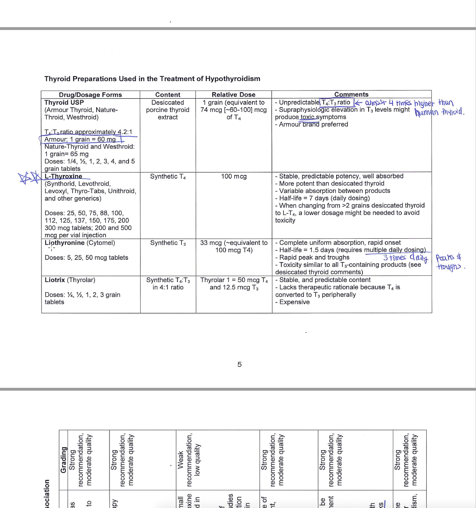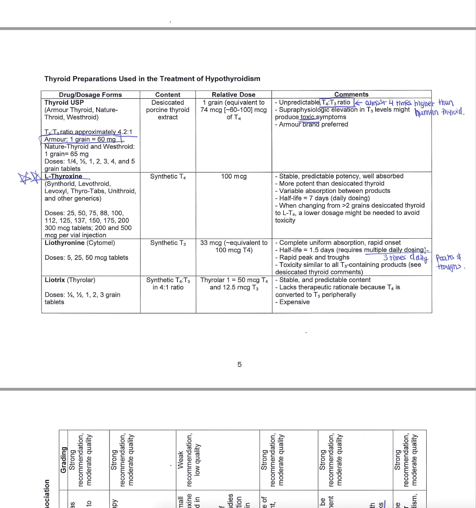Whereas liothyronine is basically a synthetic version of T3. So remember that this one has a really short half-life, about 1.5 days, and this requires multiple daily dosing, about 3 times daily.